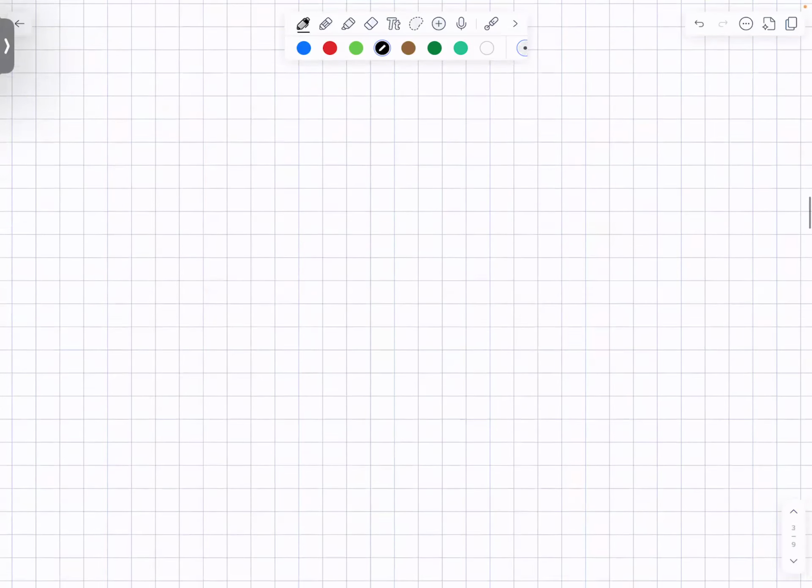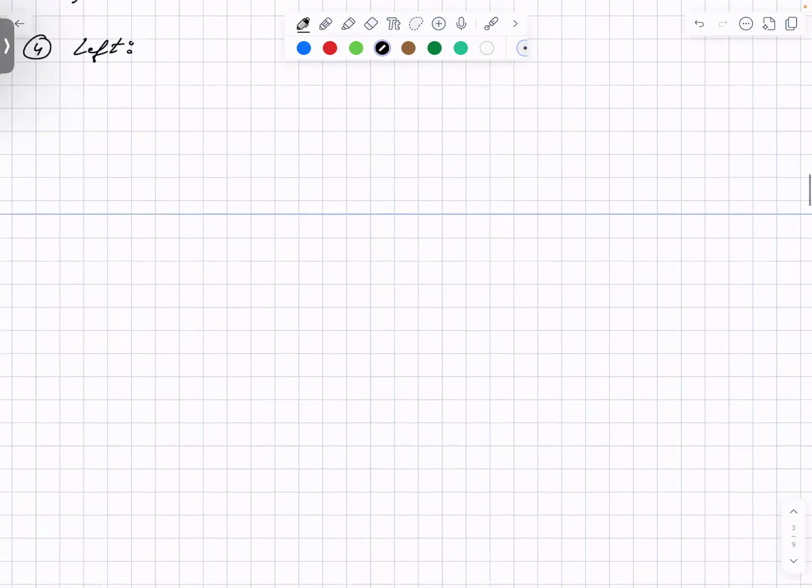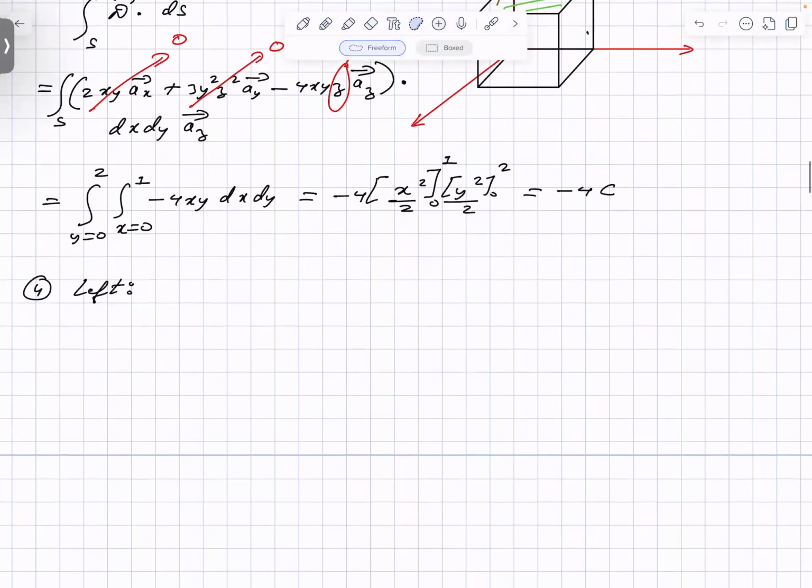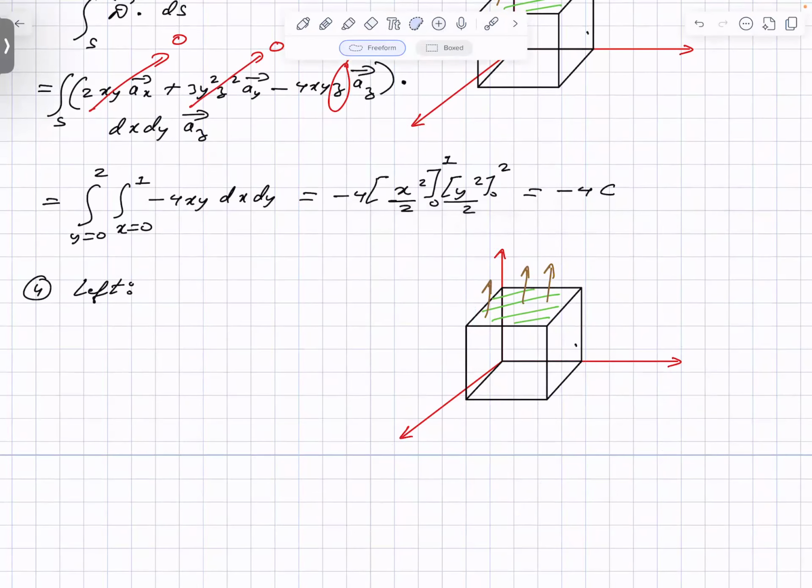Okay, for the left, I lost the figure, so let me copy this. If we're talking about the left side, then what we know is that y does not change. Y is fixed at 0.